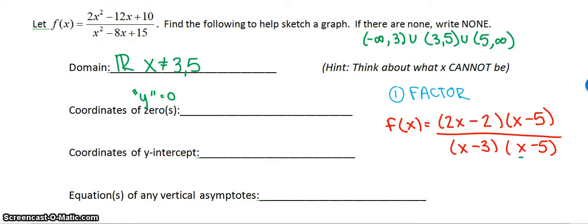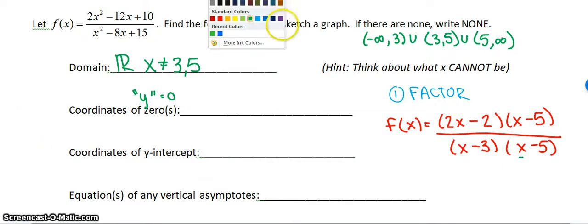If you think about a fraction, in order to get some fraction equal to 0, the only thing that I really need to consider is what would make the numerator 0. Okay, if the numerator is 0, then no matter what's on the bottom, as long as it works, the whole thing will be 0. So if I had like 0 over 5, that would just be 0. Doesn't matter what's in the denominator, really. So to find the zeros, we're going to focus on the numerator.